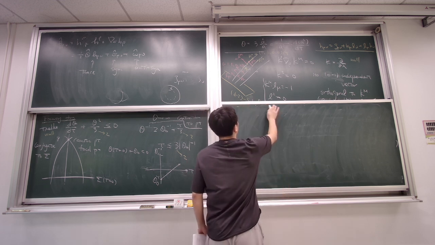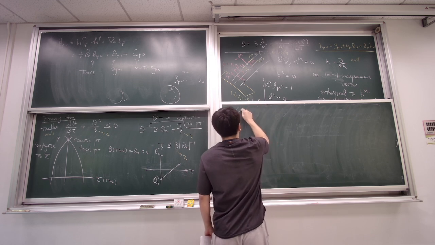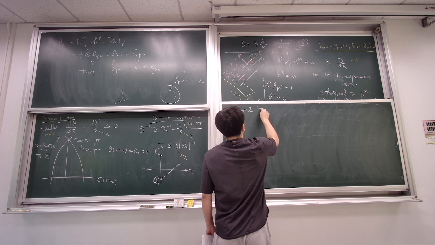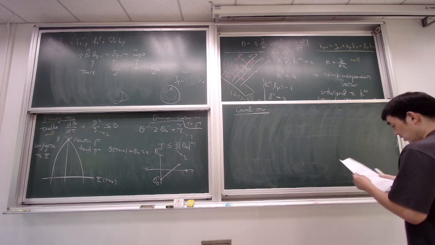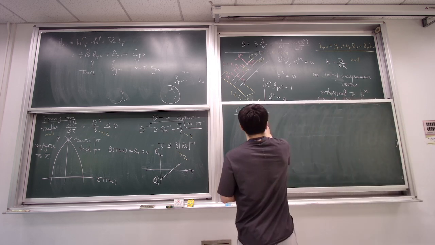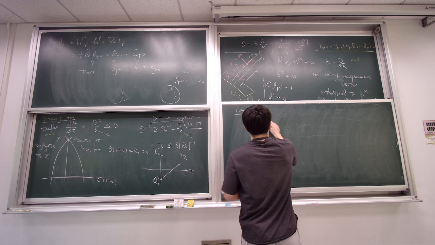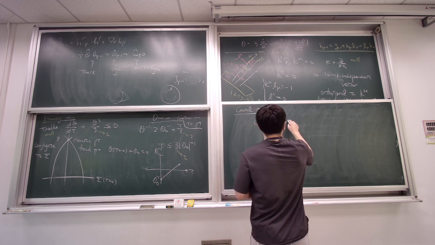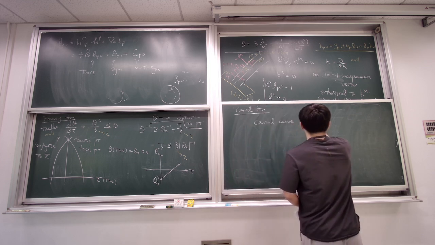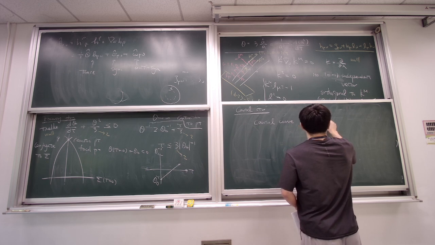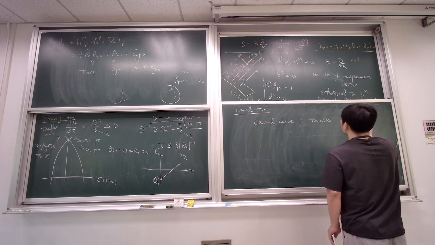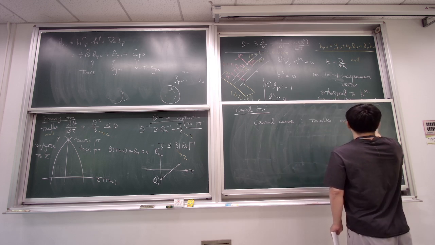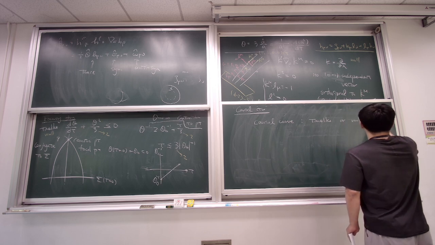Causal structure, so it's just a name. Definition: a causal curve is a timelike or null curve.